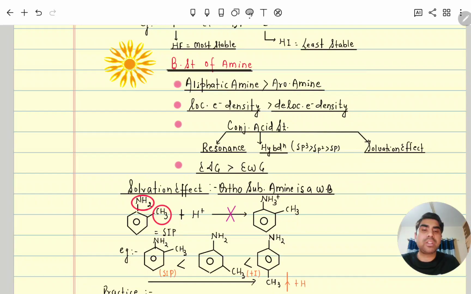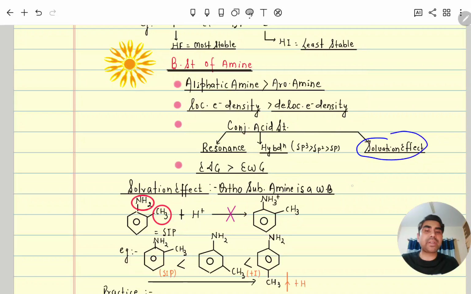If this one is null and void, then you go by hybridization. sp3 means percentage of s character will be less, so the positive charge is more stable. After that, sp2 and sp having higher percentage of s character, 50% for sp, so if positive charge is coming on 50% s character, then that will be less stable.